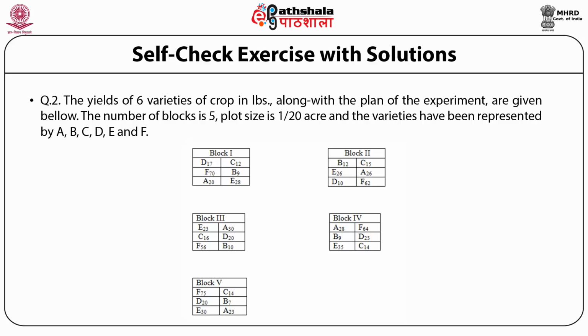So here we are also interested to know the impact of blocks as well as varieties. So we have divided the crops and their output according to different plot sizes as well as varieties.